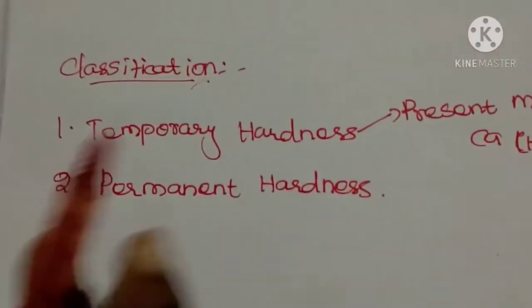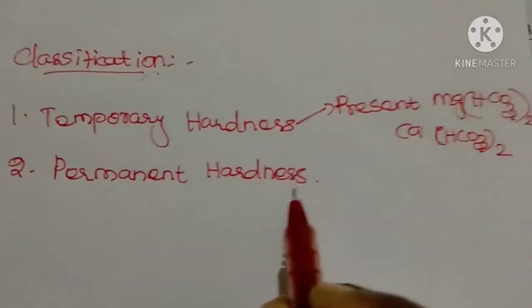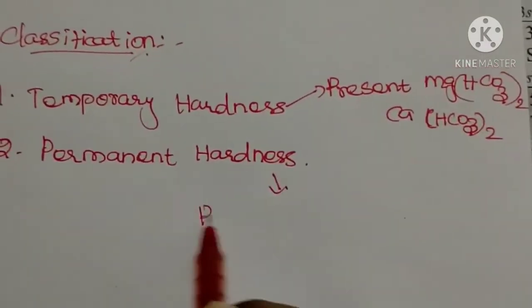And why do we classify this as permanent hardness?